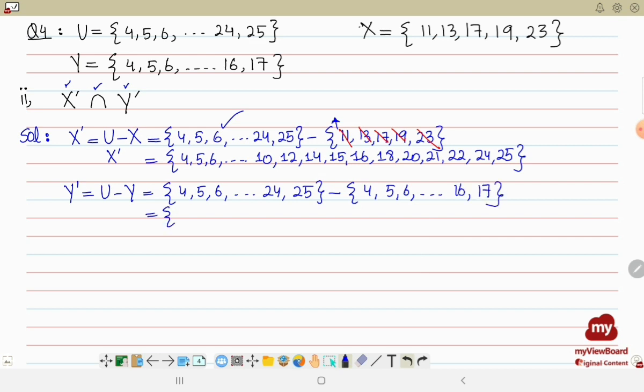अब अगर आप देखें तो यहाँ पे ये वाले elements जो है 4, 5, 6 till 16, 17 and in between these all elements ये जो है यहाँ से cancel out हो जाएंगे. So 17 तक तो elements वैसे ही ख़त्म हो गए.